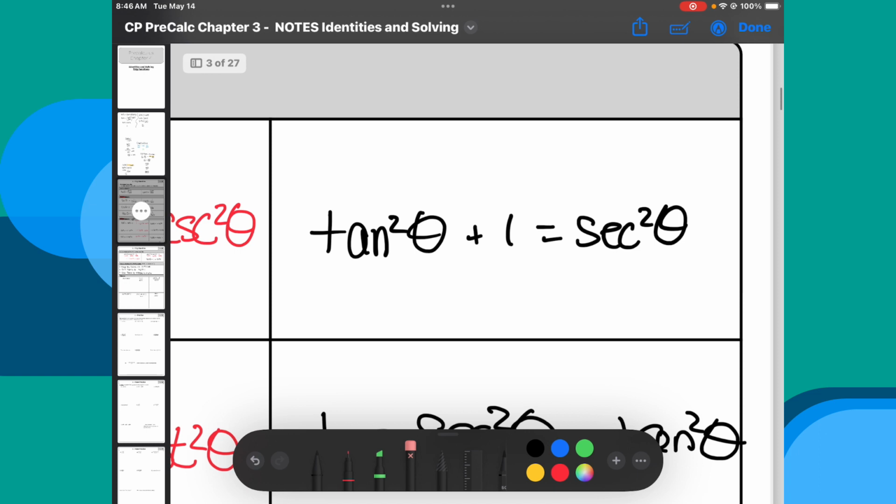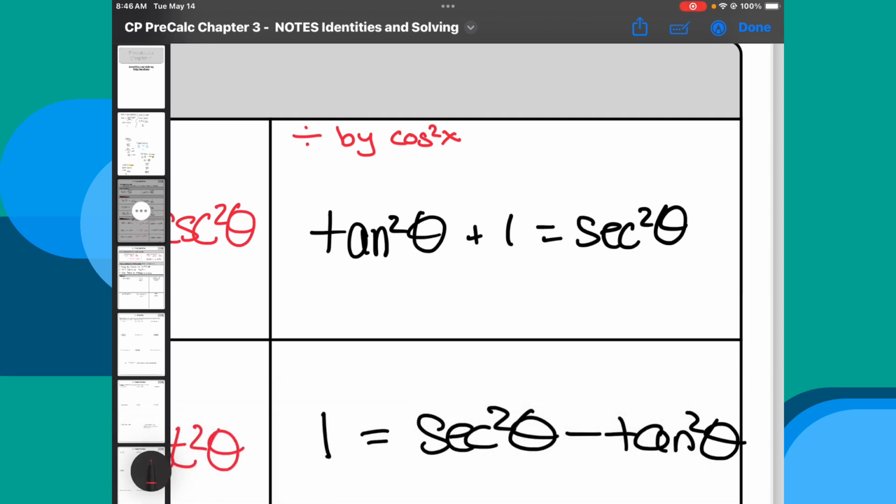So here, if we divided the original by cosine squared x, or theta, you would get tangent squared plus 1 is equal to secant squared.